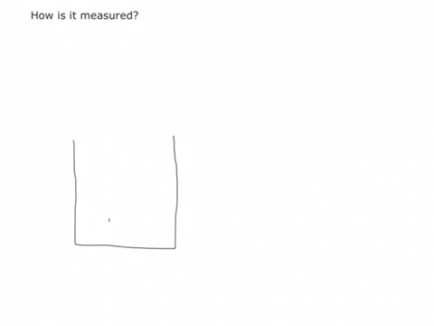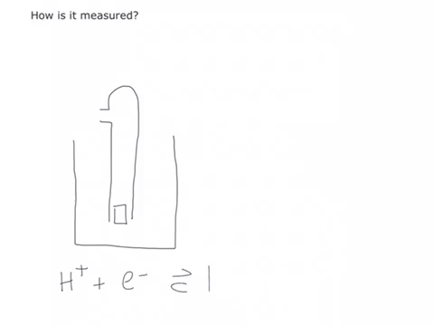In this particular case, it's a little different to the ones that we've considered before, in the sense that the equilibria is actually between some hydrogen ions and hydrogen gas. Now, obviously in this case, this means that we don't actually have a solid to behave as the electrode.